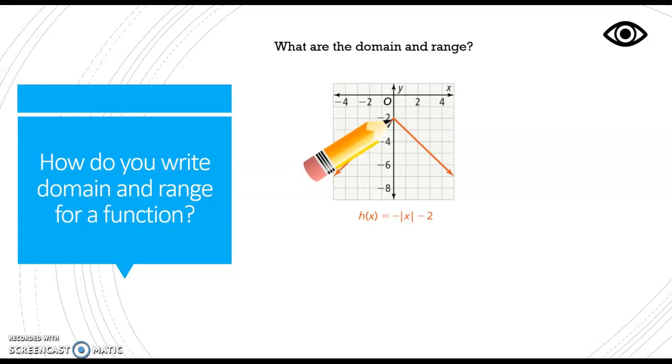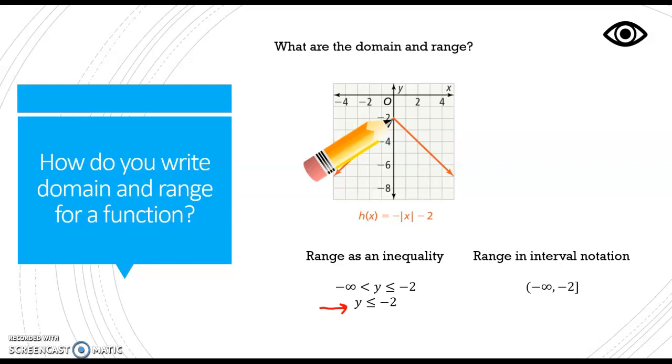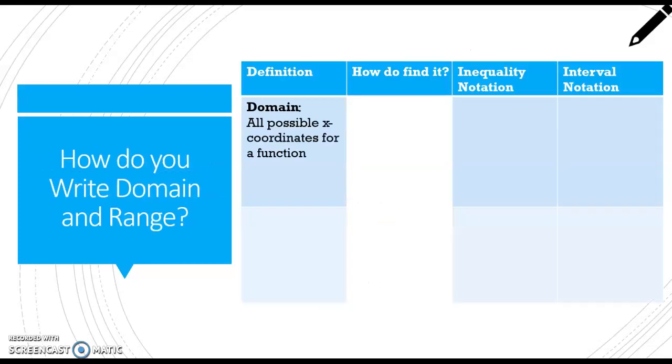The highest point is at -2, and there is a value, so I would use a bar under that. Again, your textbook prefers this notation, but I prefer the one above it. In interval notation, we would put a bracket around the -2 because that value is included. There really is a point with a y coordinate of -2. Okay, all of that was not meant to be written down, just take a look at it.